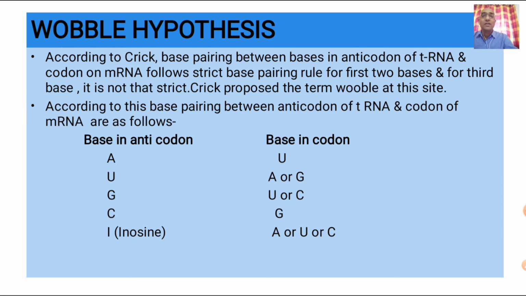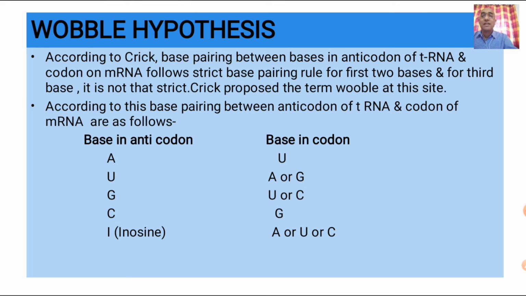If the base in the anticodon is A, then the base in the codon is U. But if the base in the anticodon is U, the base in the codon is A or G. Got it?